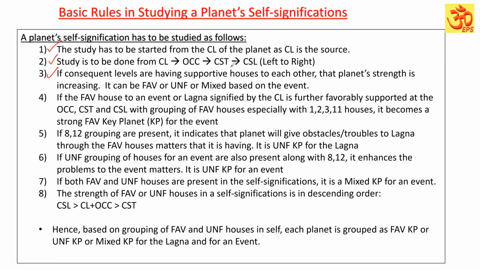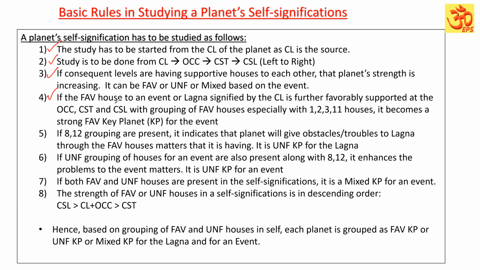Each house present in CL, OCC, CST or CSL is supportive to each other, so the planet's strength is increasing. That can be favorable, unfavorable or mixed based on the event. Suppose CL, OCC, CST and CSL all have unfavorable houses for an event, automatically it is going to be unfavorable. If it is having mixed, it is going to be mixed. I hope you have understood.